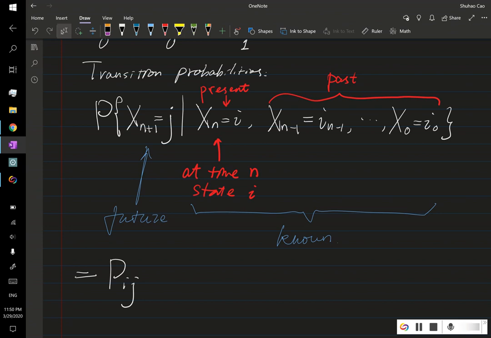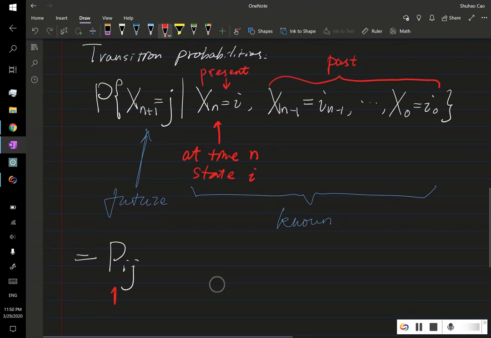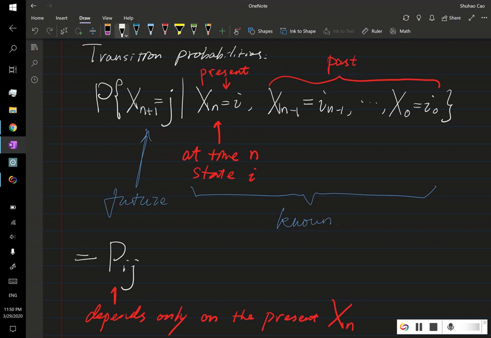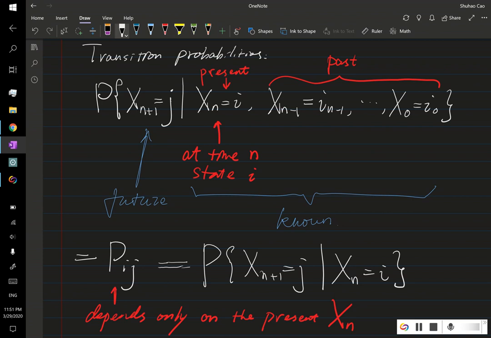So let me emphasize here, this depends only on the present, X sub n. And this, we say, is a Markov process. This property is called the Markov property.